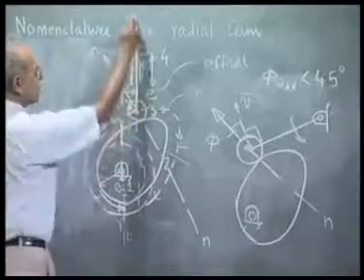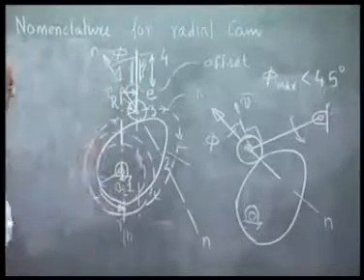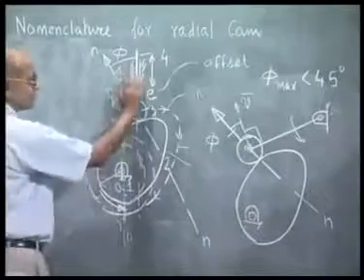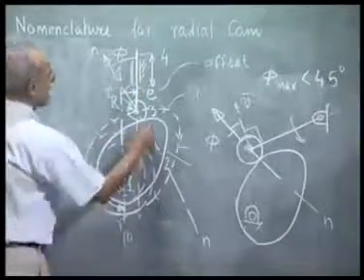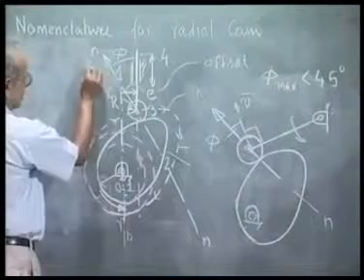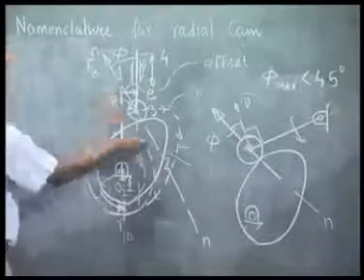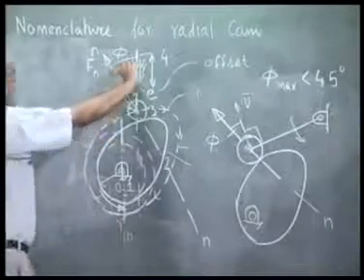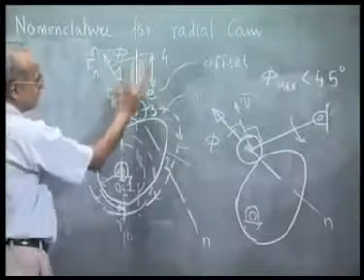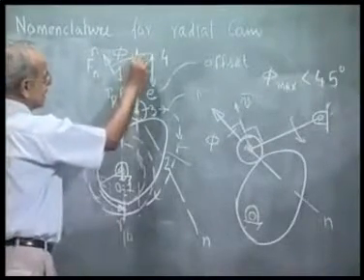As the follower is pushed out from the cam shaft, it is compressing against the spring, and this contact force, let me call it Fn, this is the normal force, that has a tendency to rotate the follower in its bearing in this guide.